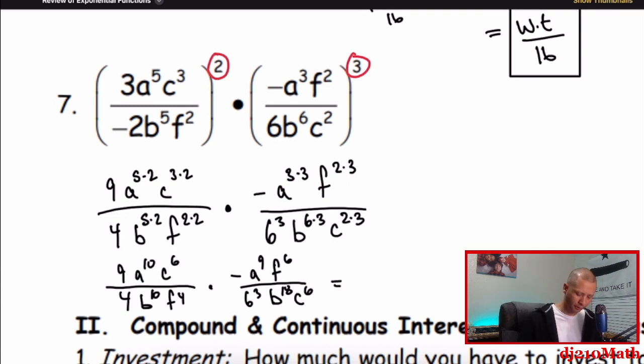Okay, then we multiply straight across. We add the exponents for common bases.